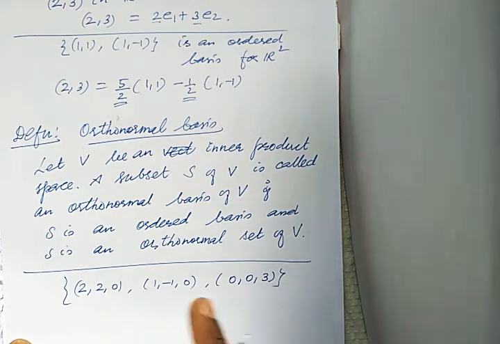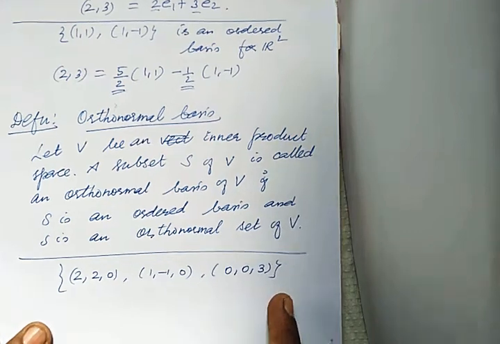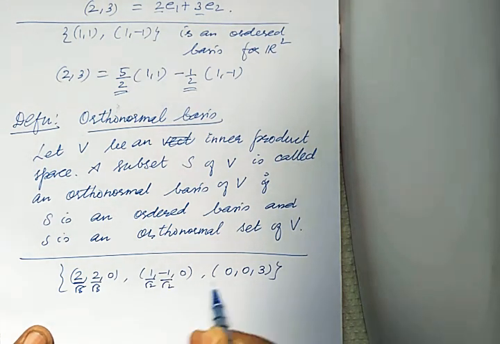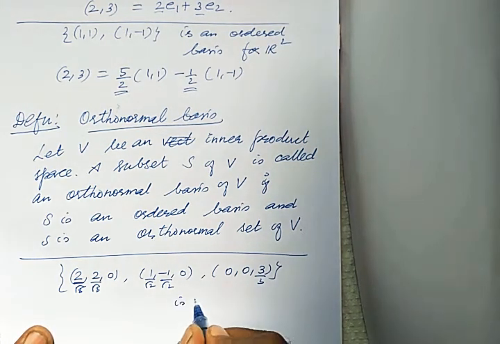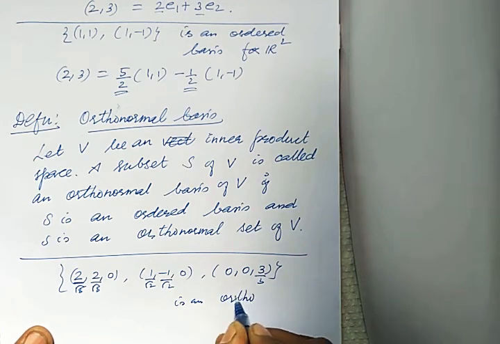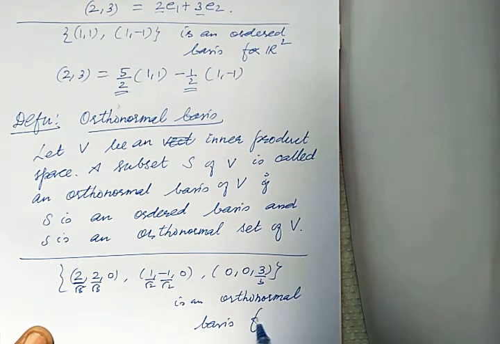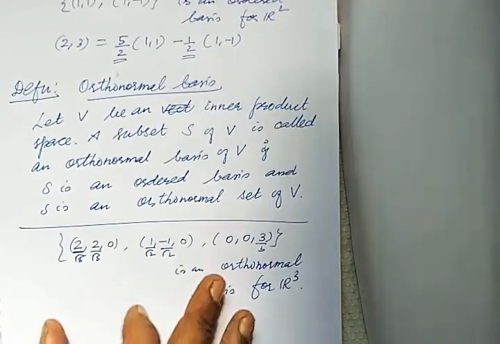This is an ordered basis for R3 as well as orthogonal, but not unit vectors. So if you divide each by its norm, then it becomes an orthonormal basis for R3.